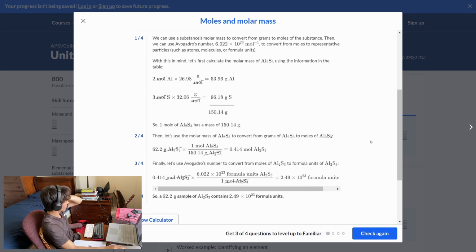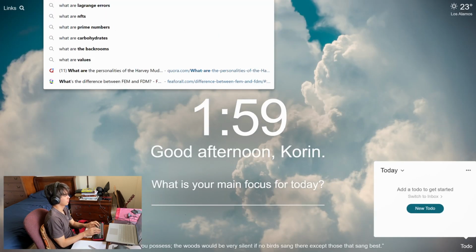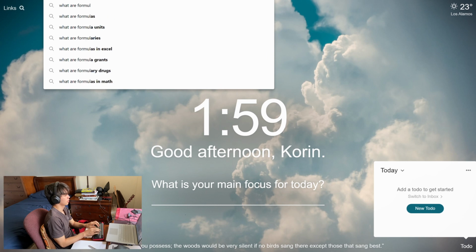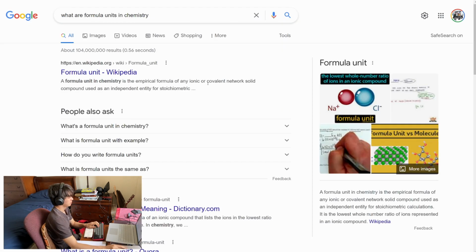Is it not moles? What are formula units? The lowest whole number.